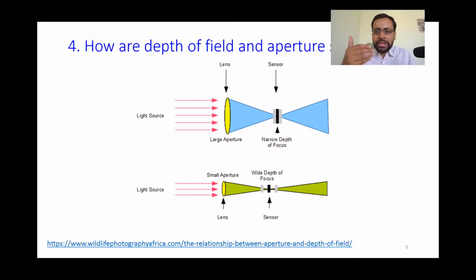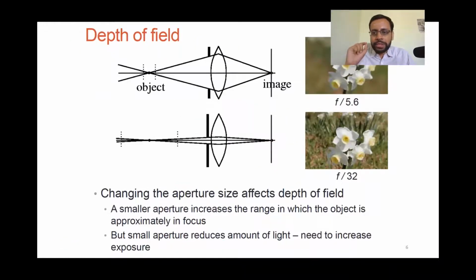Maybe I'll now present it in a slightly different way by first discussing depth of focus. So what does depth of focus mean? It essentially tells you that, suppose your object is somewhere here, what is the range before and after that, the range of values for which you have a reasonably clear picture?